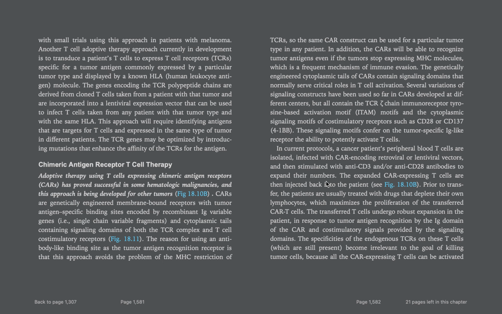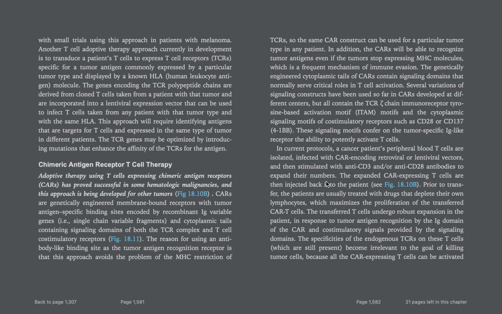The reason for using an antibody-like binding site as the tumor antigen recognition receptor is that this approach avoids the problem of MHC restriction of T cell receptors. So the same CAR construct can be used for a particular tumor type in any patient. In addition, CARs will be able to recognize tumor antigen even if tumors stop expressing MHC molecules, which is a frequent mechanism of immune evasion.